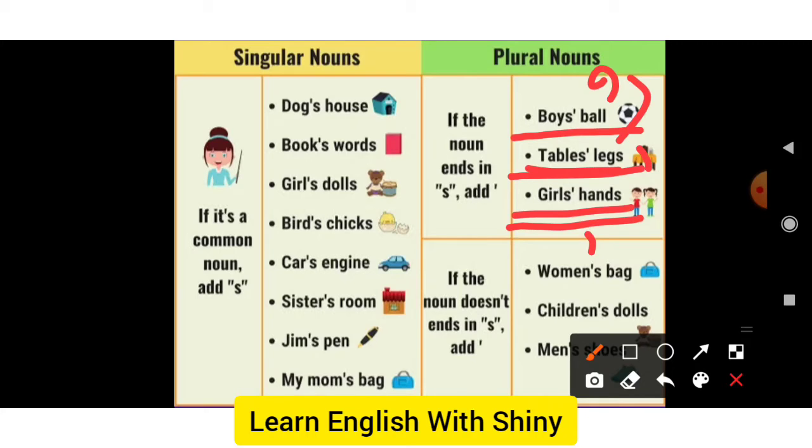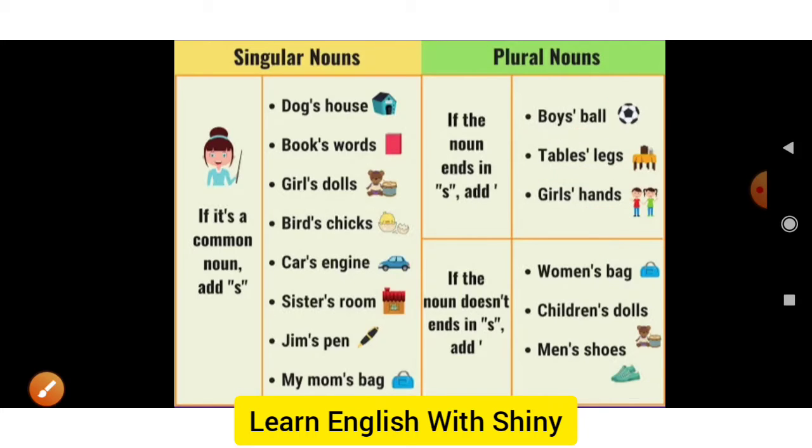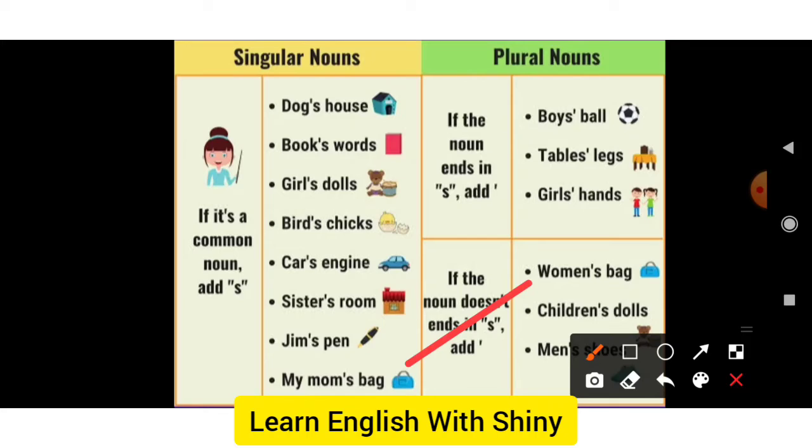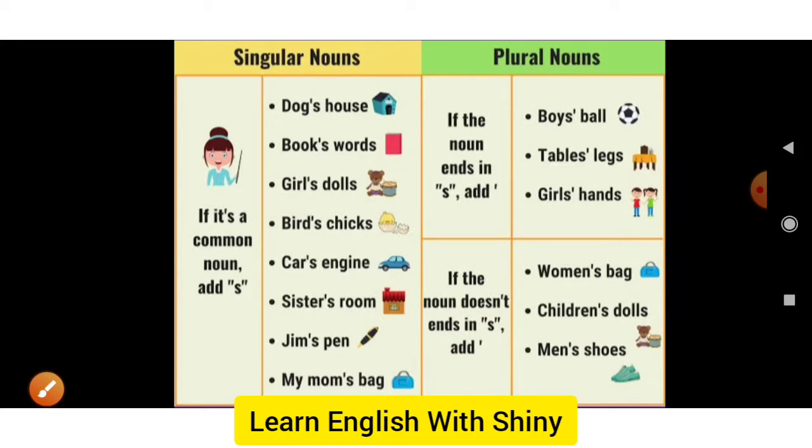Okay. Next, if the noun does not end in s, add a single quote and s. Now see here: women, children, men.